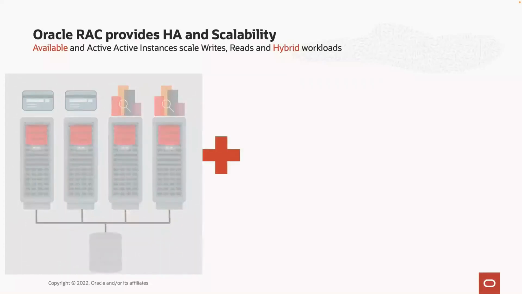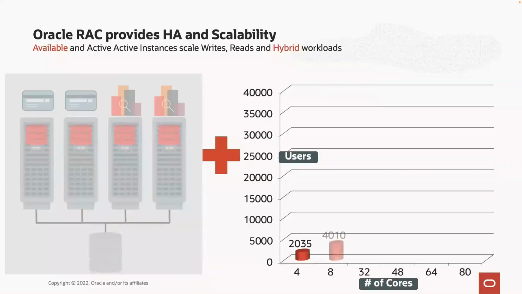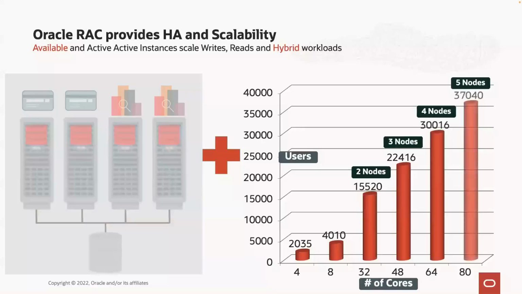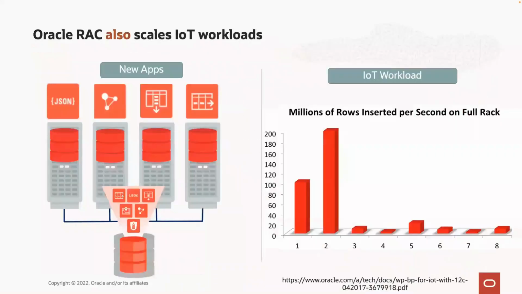Well, a long time ago, like 10 years ago, SAP ran a benchmark on some of their SAP workloads, and they could see that just by adding nodes, we were able to scale. Now, this is something I've been using for a while. What is also important is that nowadays we have new application paradigms, like people say, I want to use IoT. Well, great. Guess what?